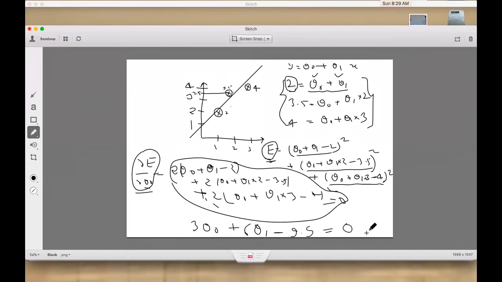And similarly, when we differentiate it with respect to theta 1, we will get a similar equation, right? It'll be the extra 2, extra 3 will be here, right? So how can I quickly calculate it? So it's going to be extra 2, extra 3, okay? So it's going to be twice of theta naught and thrice of theta naught. 2 plus, so 3 plus 2 plus 1, which is 7, right?